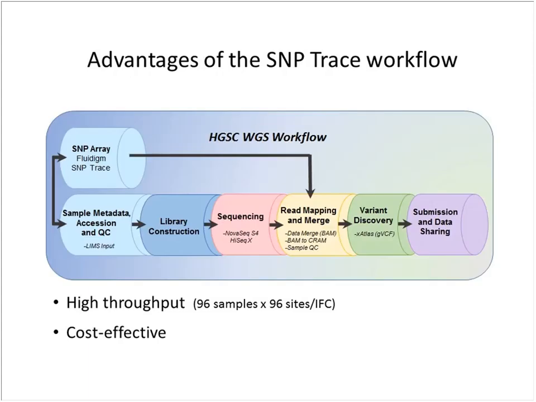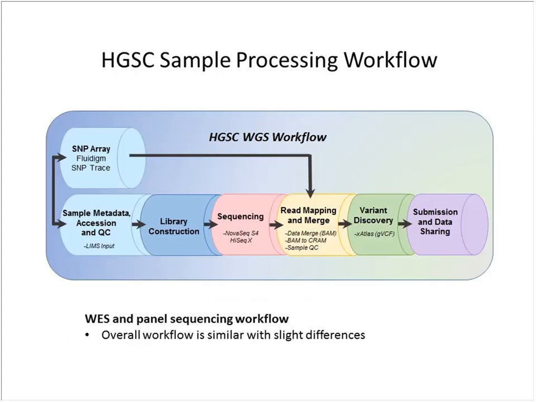So the next slide shows our HGSC sample processing workflow as an example for whole genome sequencing and how SNP Trace is incorporated in our sample processing. So first, the samples are received, accessioned, QC'd and put into our LIMS system.